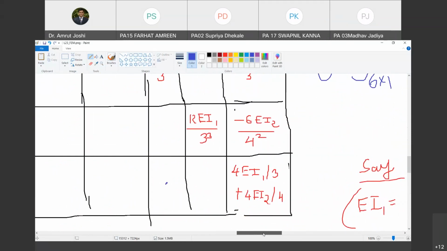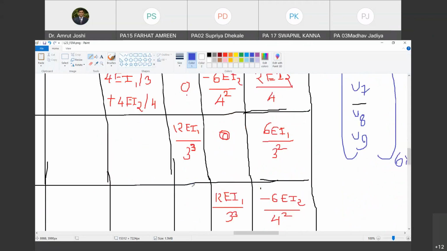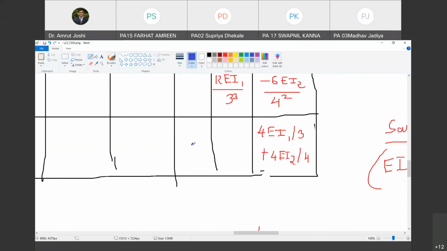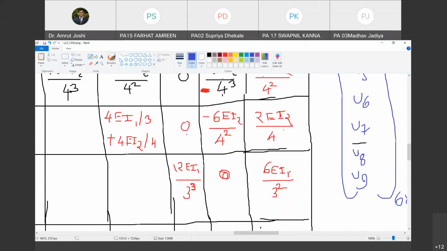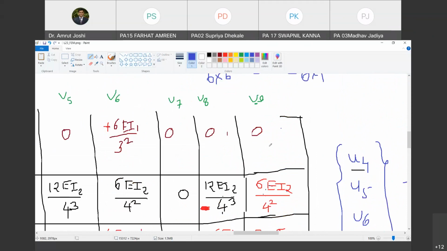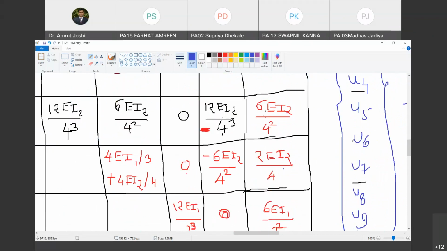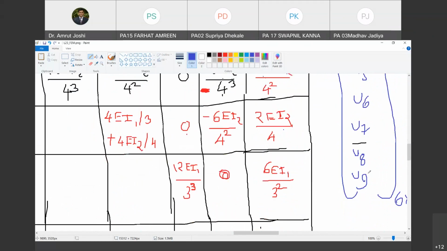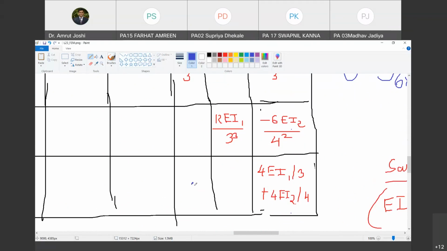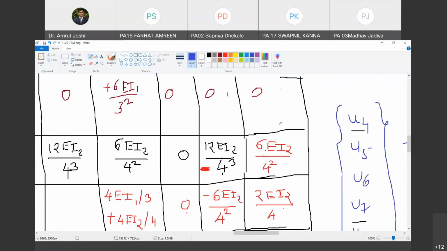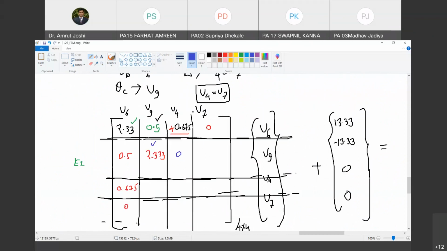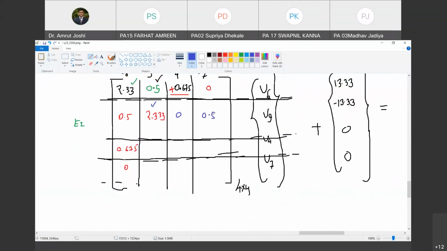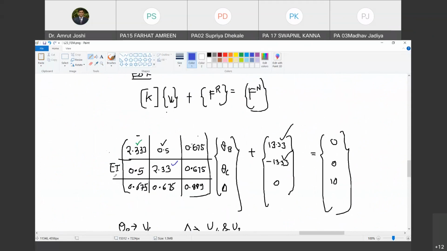Are you with me? देखो u9 लास्ट है ना, so u7. इसमें लास्ट वाला है, so this is 7th column 9th row element will be equal to 9th column 7th row element. अरे सॉरी, u4 6 degrees of freedom है ना, so we are looking at fourth column 6th row element, same as 6th column 4th row element. 1 2 3 and 4, so it is going to be 2EI by 4. So it is 0.5, okay?